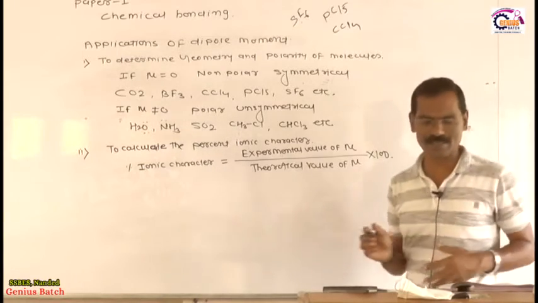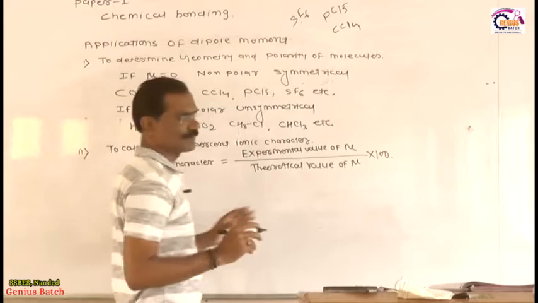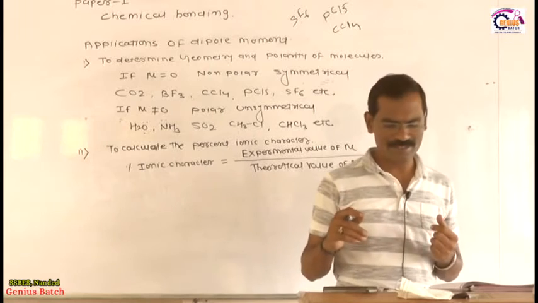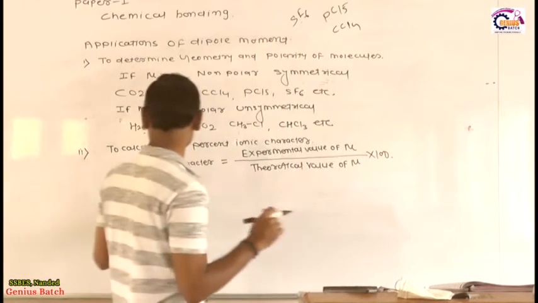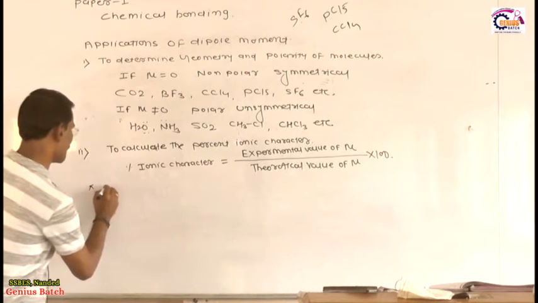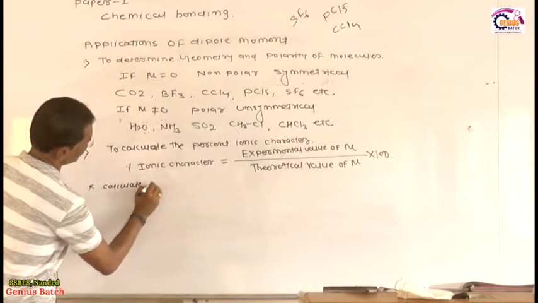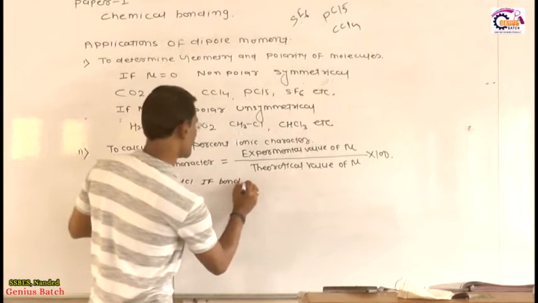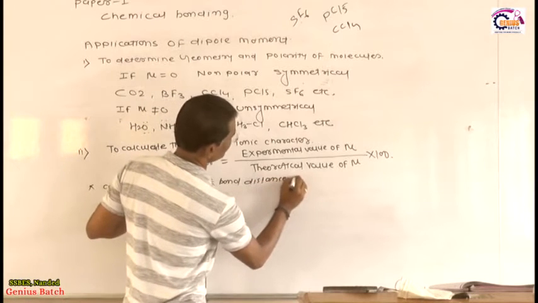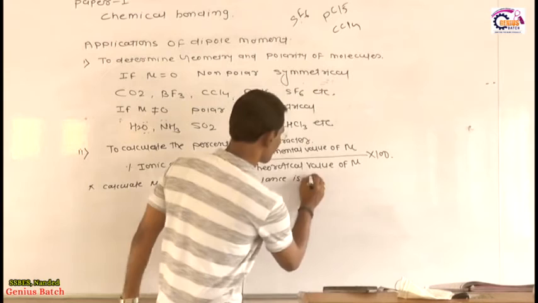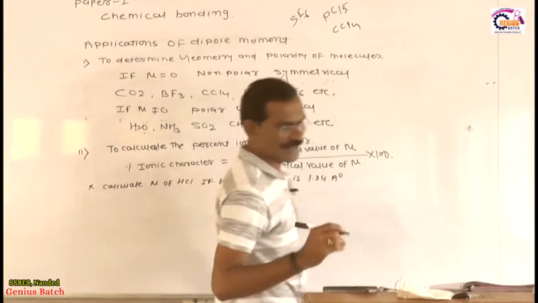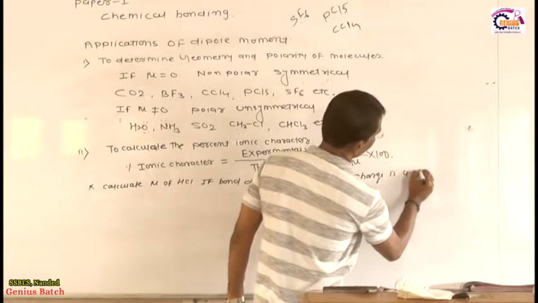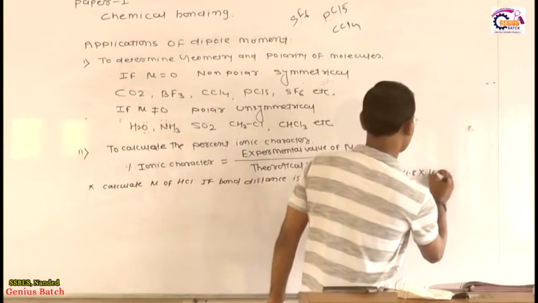On the basis of this formula, I will give you one problem. Listen very carefully, dear student. Write down the problem in your notebook. Calculate the mu of HCl if bond distance is 1.34 angstrom, and the charge is given as 4.8 into 10 raised to minus 10 ESU.